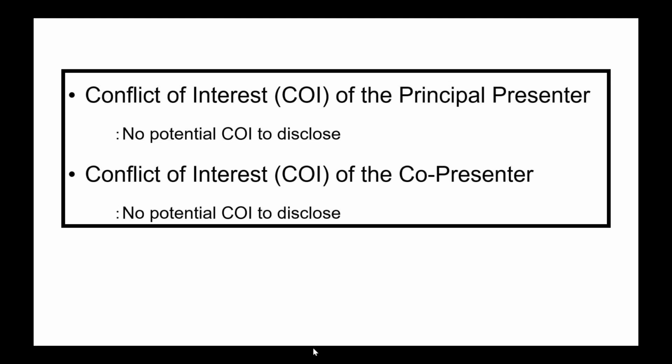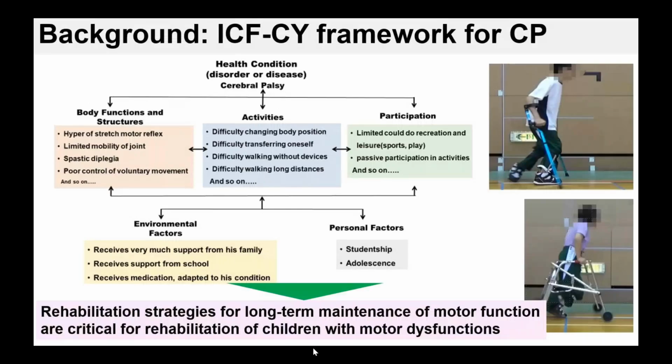Damage to the central nervous system during the developmental process in children leads to various disorders, including motor dysfunction and cognitive impairment, and these impairments progress from childhood to adulthood.